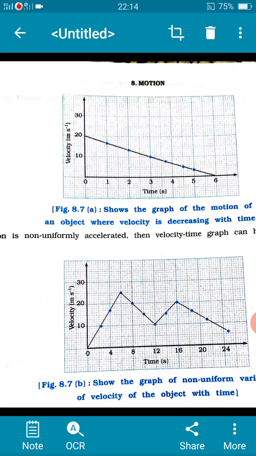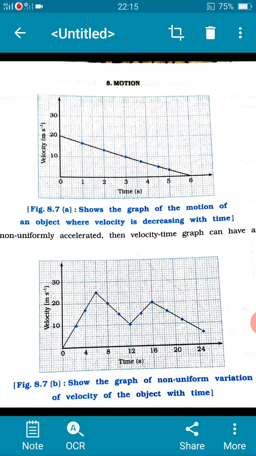And these two graphs also. Just listen. This is a velocity versus time graph only, in which you see the velocity is decreasing with time, from 20. As the time passes, the velocity goes on decreasing.